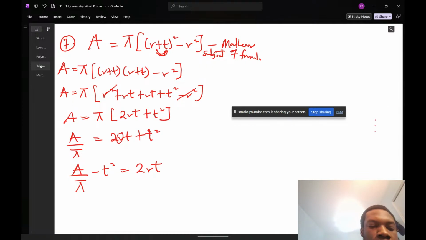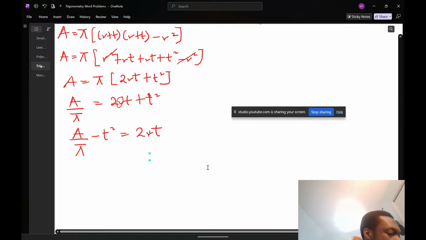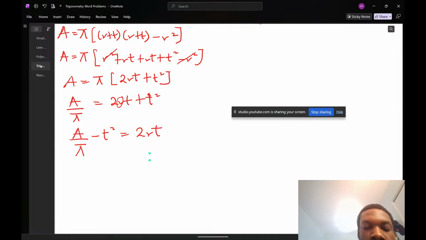A over pi minus t squared is equal to 2rt. Now, like I said before, the terms that are beside the term you want to make subject of formula will definitely become a denominator. So that's what you will put under. That's 2 and t.